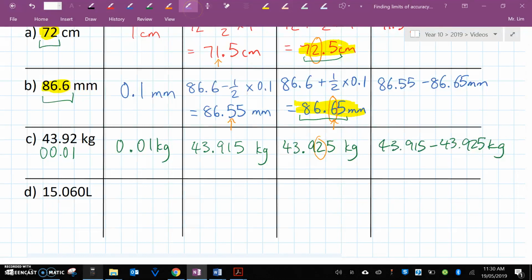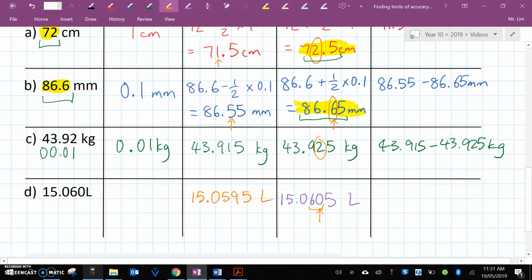Question D, I'm going to do the same thing. I'm going to start with my measurement 15.060 liters for the upper bound, but I'm going to add a 5. I'm going to take my second last digit and minus 1. But you see here how it says 60, because it's hard to take 1 away from 0, so it's like 60. I'm going to have 15.0, 60 minus 1 is 59, and I write my 5.